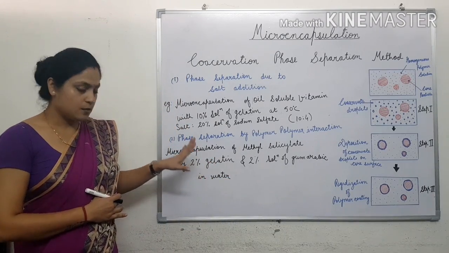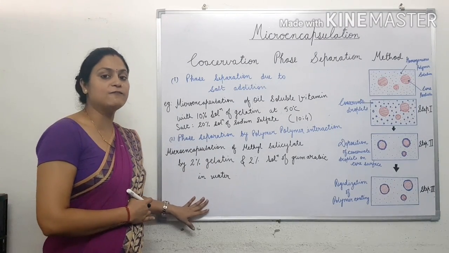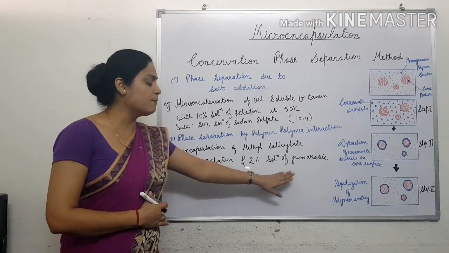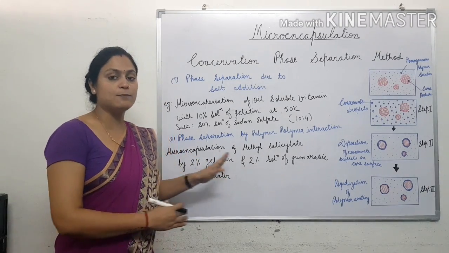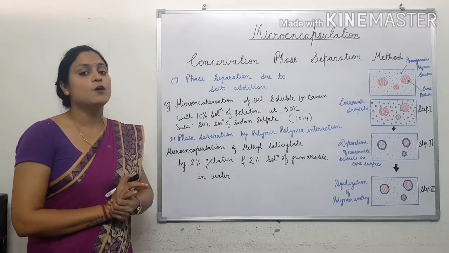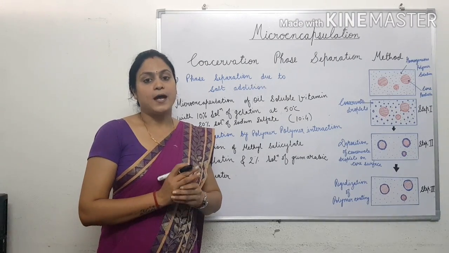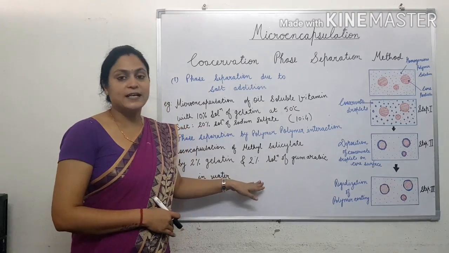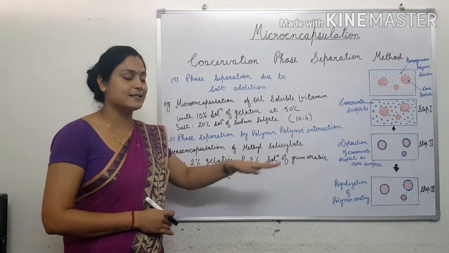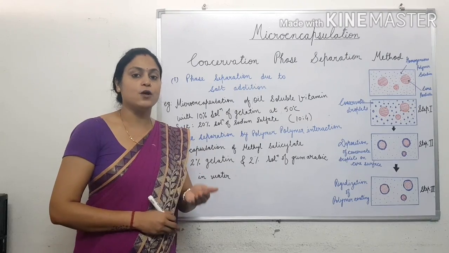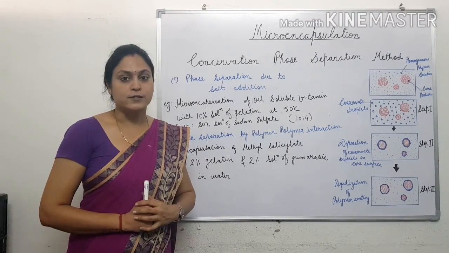Above its isoelectric point, gelatin remains positively charged, whereas gum arabic remains negatively charged. In this way, interaction between the two polymers occurs, which results in the phase separation of the gelatin, which deposits around the oil globules of methyl salicylate, and further rigidization of this coating results in the formation of the microcapsules.